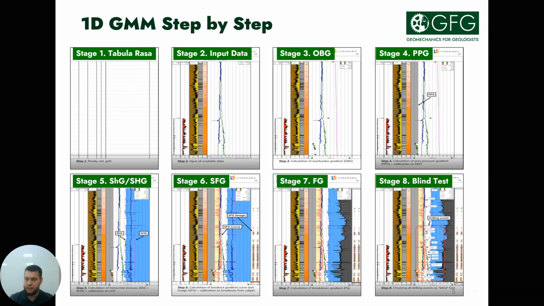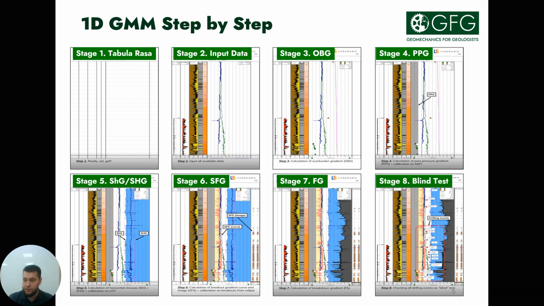The slide shows the calculation stages of building a geomechanical model. At first, the vertical stress and pore pressure are calculated. Secondly, the horizontal stresses are calculated based on the data of the previous stage, and then the borehole stability is calculated.